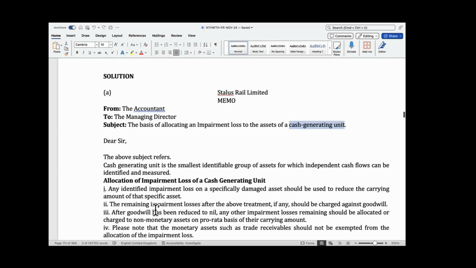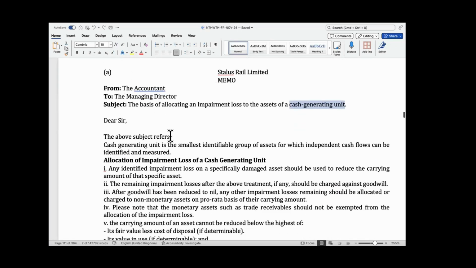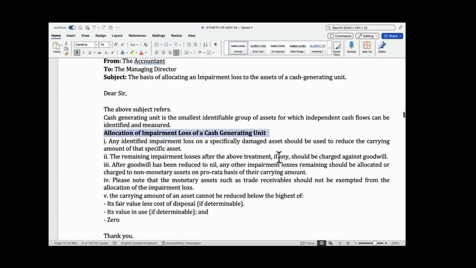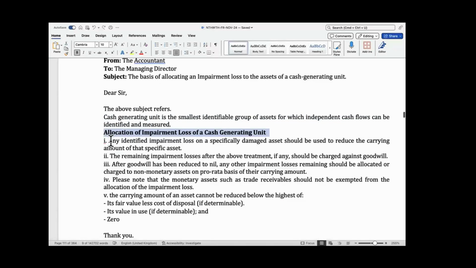So, dear sir, the above subject matter refers to the following. A cash generating unit is the smallest identifiable group of assets for which independent cash flows can be identified and measured. Allocation of impairment loss of a CGU, number one. Any identified impairment loss on specifically damaged assets should be used to reduce the carrying amount of those assets first.